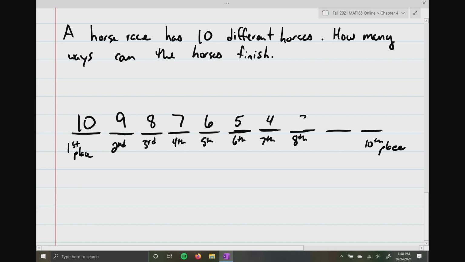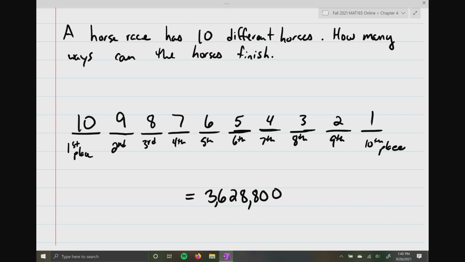Eighth place is 3. Ninth place is 2. And then you have the last place horse. So if we were just to take this value, 10 times 9 times 8 times 7 times 6 times 5 times 4 times 3 times 2 times 1, you would get this number here. So there are 3,628,800 different ways that these horses can finish.